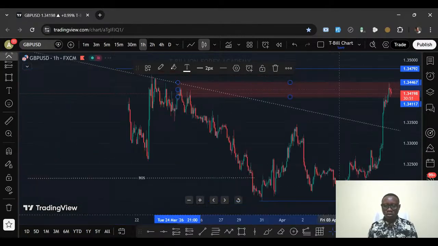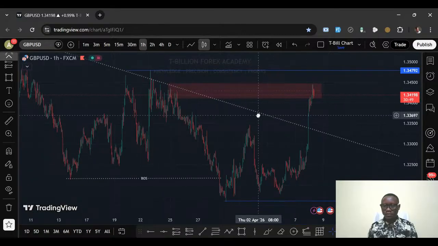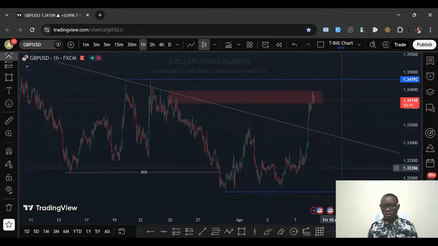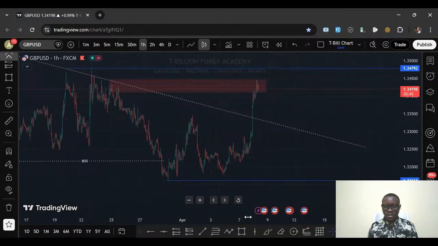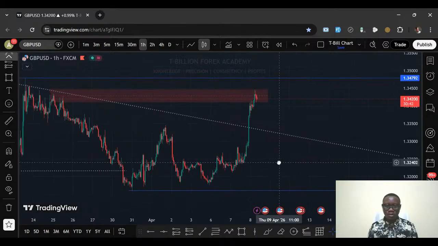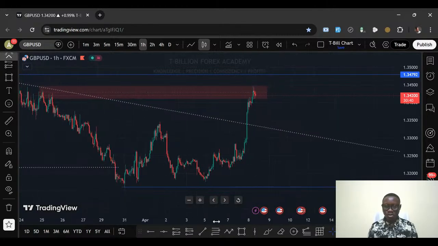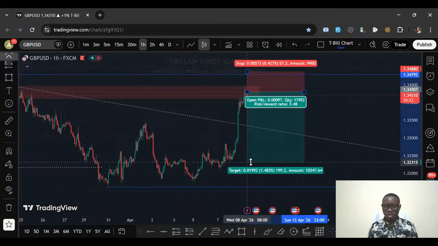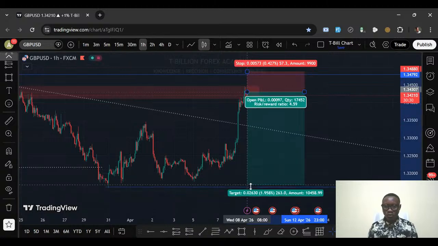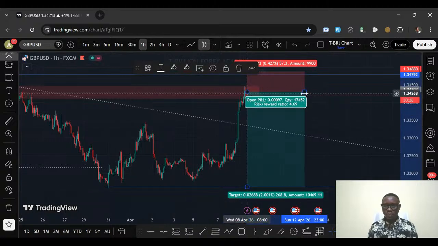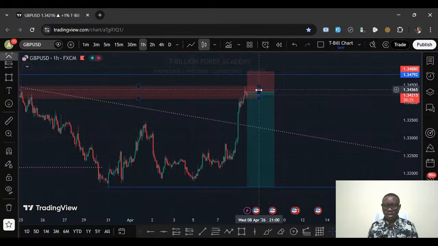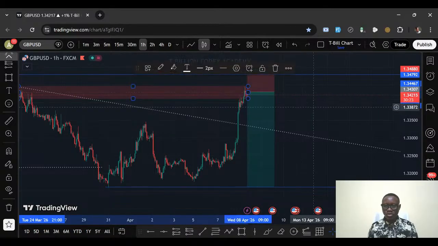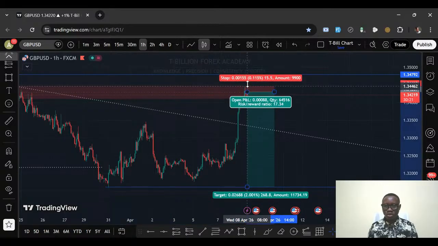Now, for this, I'm not going to take a sell entry just yet, although if you want to take the risk, you can immediately take your sell position right here and target this low. But I am not going to take my sell just yet. I'm going to wait for confirmation.